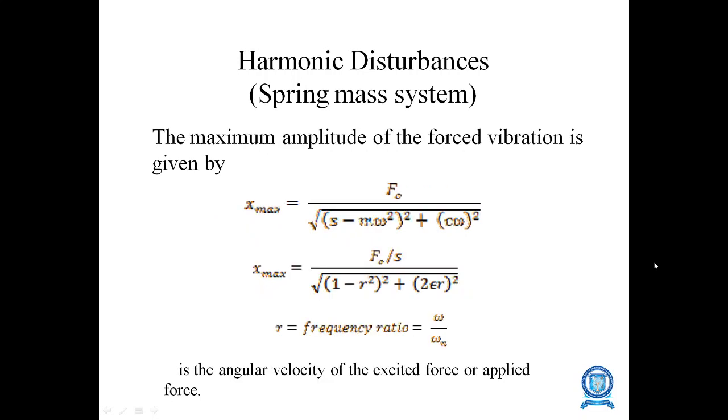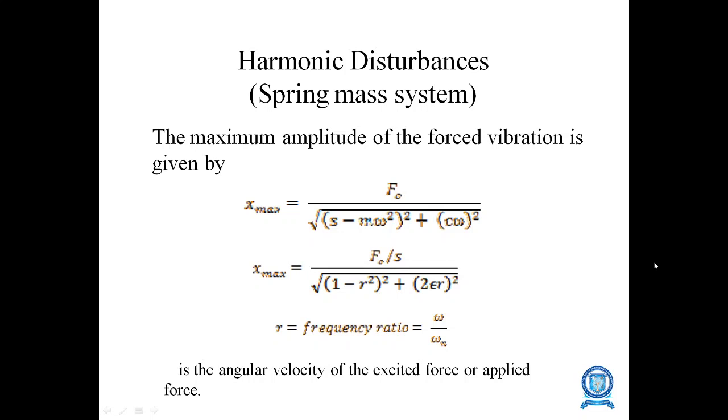Harmonic disturbances for a spring mass system can be found out using its maximum value, that is the maximum amplitude of the forced vibration. H max is equal to F naught divided by root of (S minus M omega square) the whole square plus (C omega) the whole square.